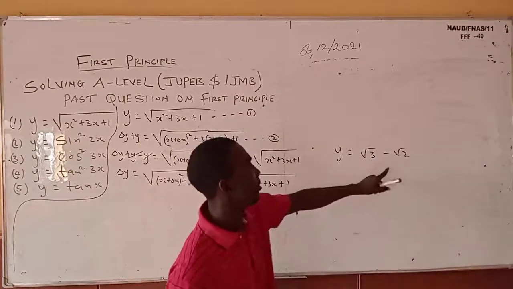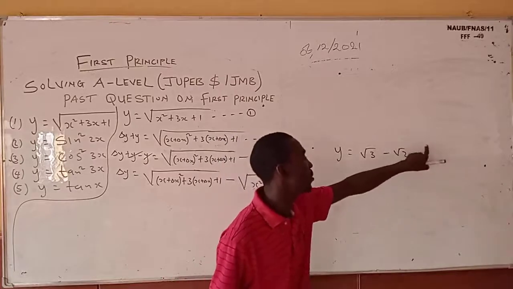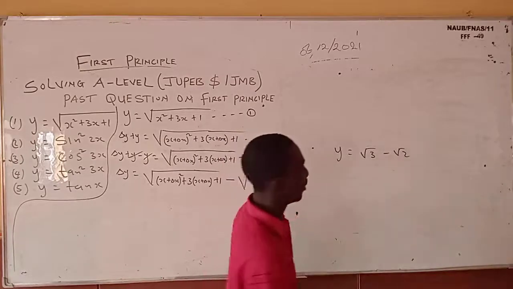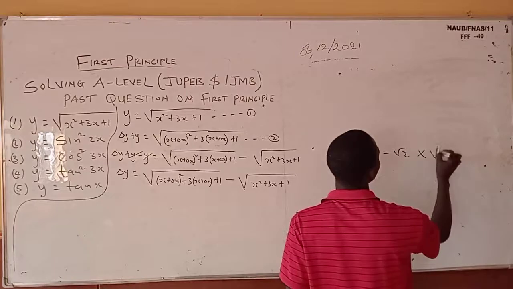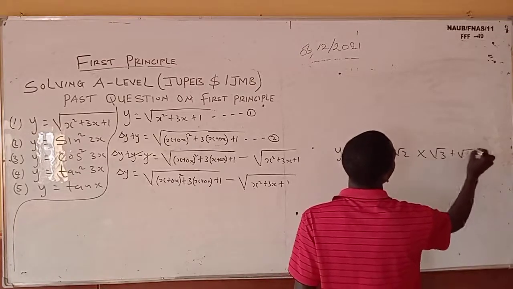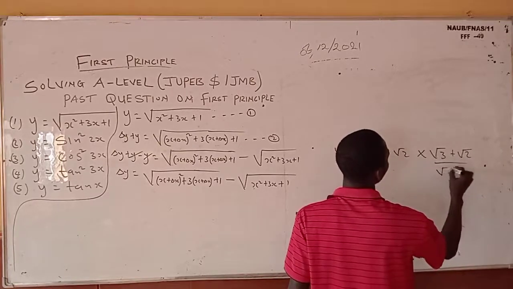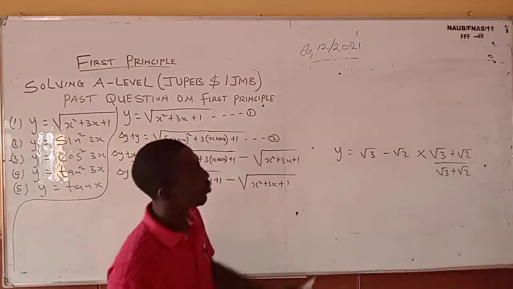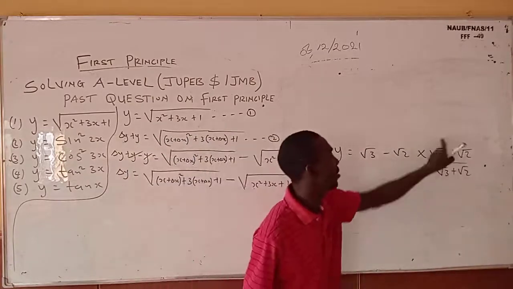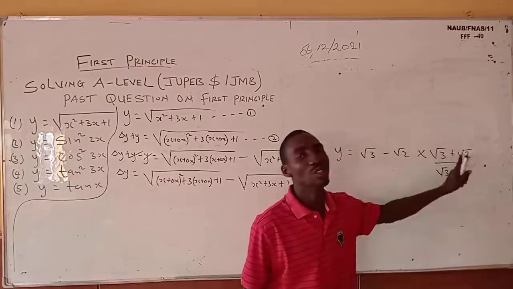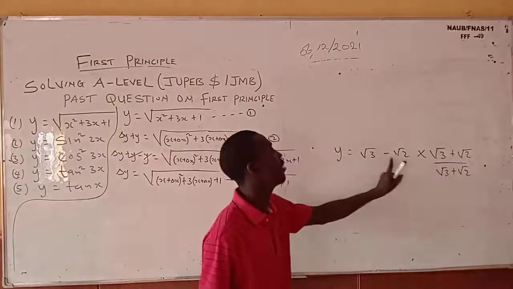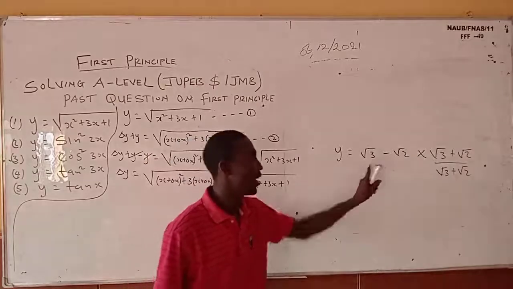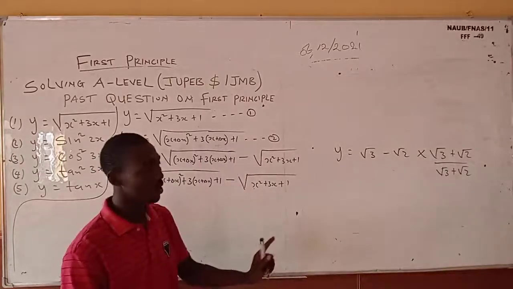So we rationalize by multiplying the numerator and denominator by the conjugate, root 3 plus root 2 all over root 3 plus root 2. You get that? Everything here divided by this is still 1, and 1 multiplied by this, we get our original question back. We have not altered anything.